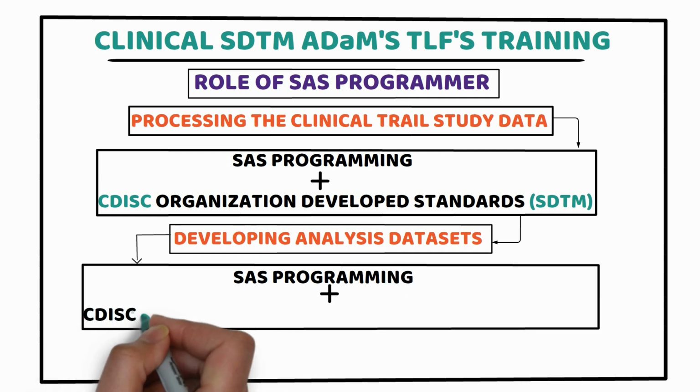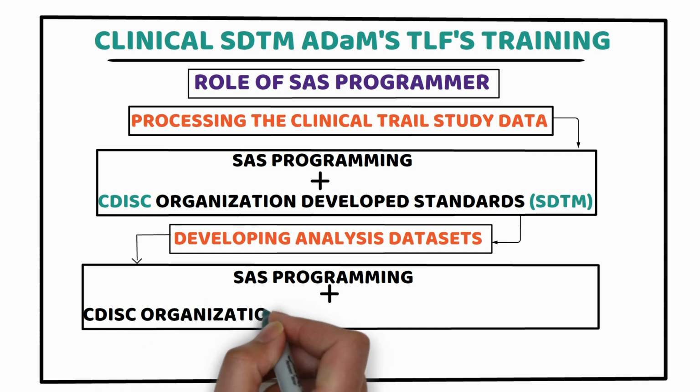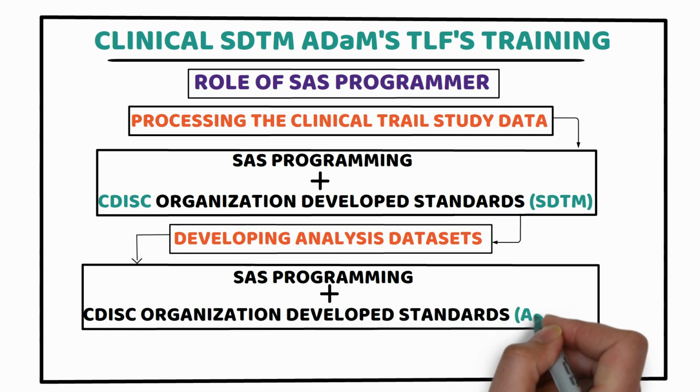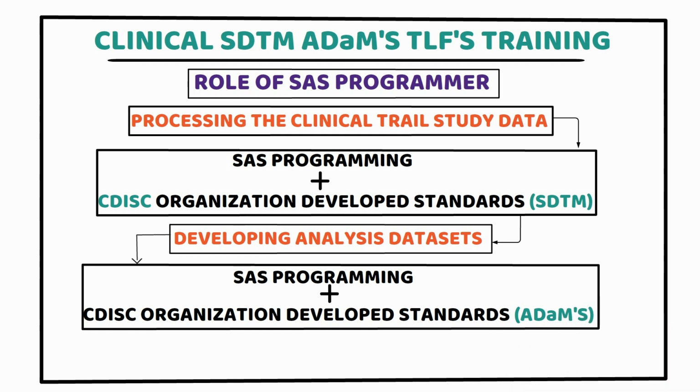Once the analysis data sets have been developed with the help of a statistician, we will be running different analysis procedures in SAS, and some results will be produced. The statistician will go through those results and produce very good insights about them.